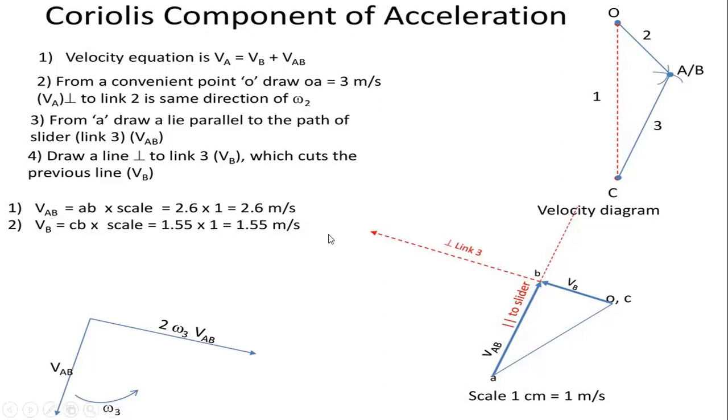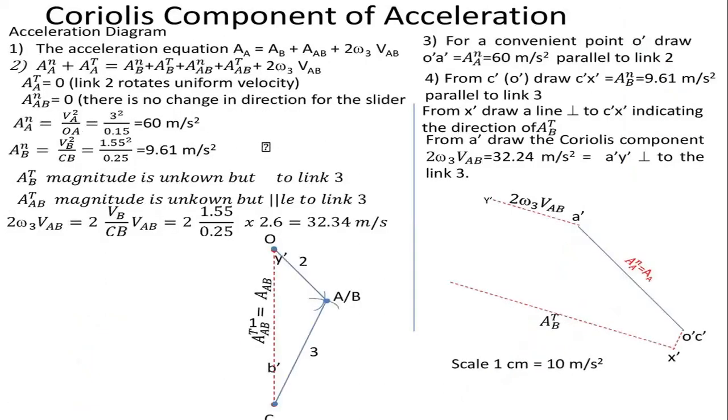So we got the values for the velocity of AB and the velocity of B. In this we have to draw the acceleration diagram also.